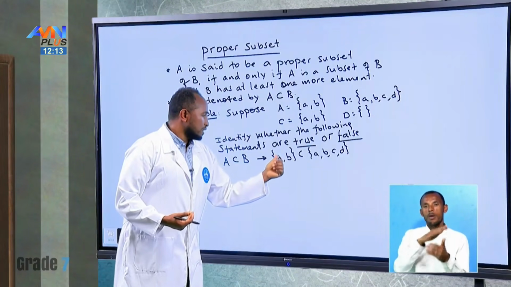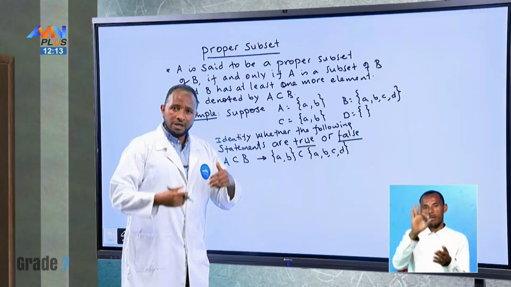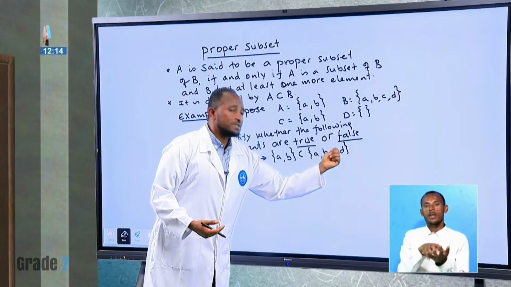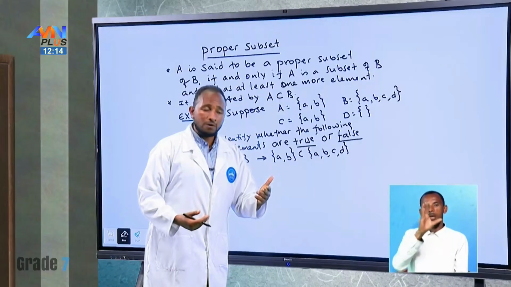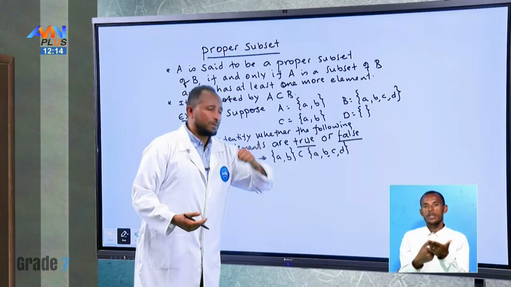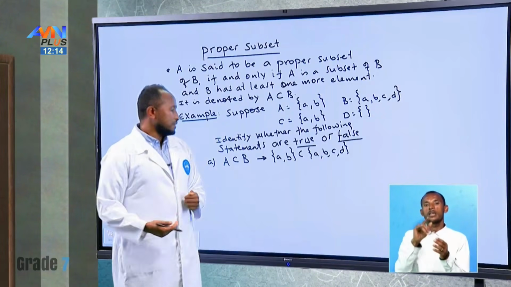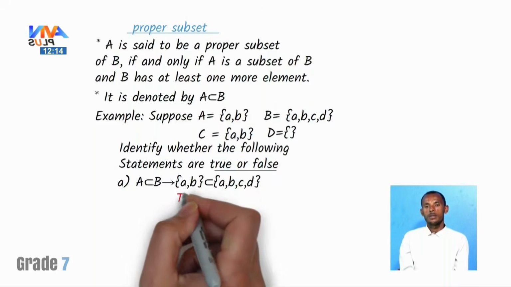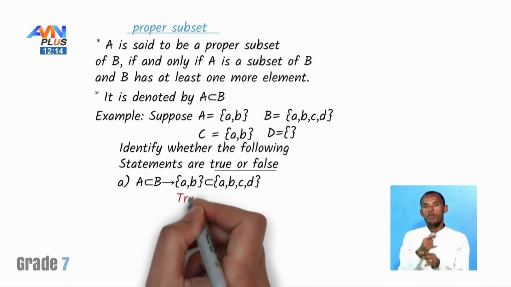All these elements A and B are found in the second set. In addition to that, it contains additional elements C and D. Therefore, this set is a proper subset of the second set. The statement is correct. This one is true.